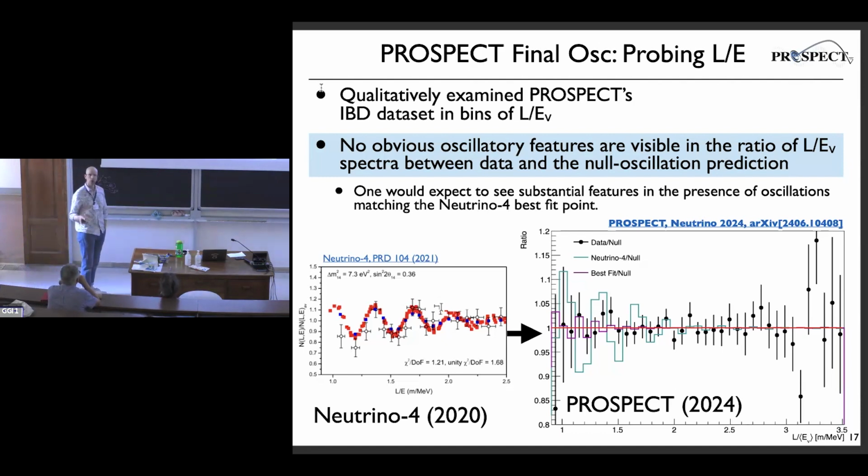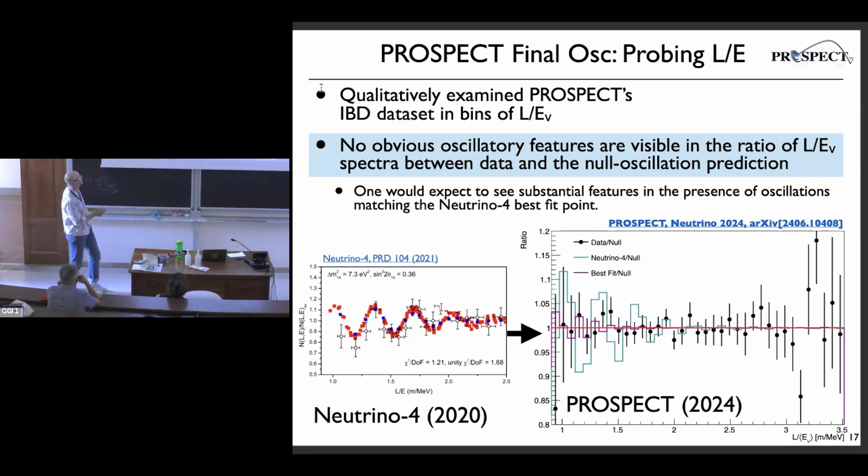If Neutrino-4 had seen a sterile neutrino, Prospect would measure this kind of cyan wiggle right here, and the black would be measured. So it's here that Prospect is seeing Neutrino-4's signal.